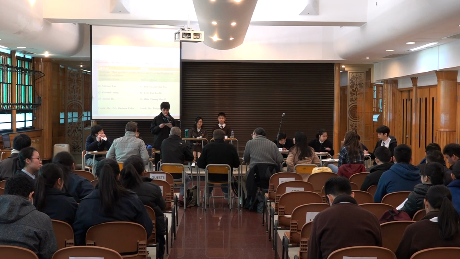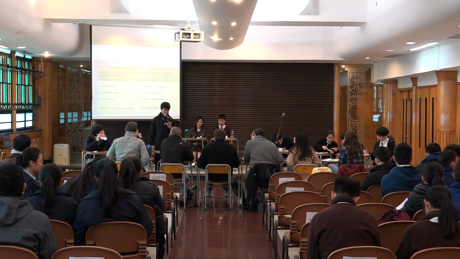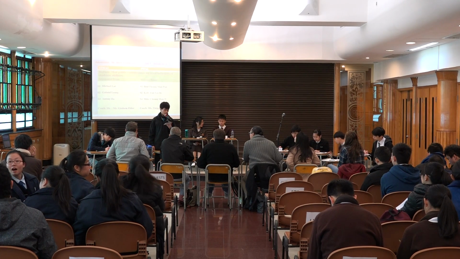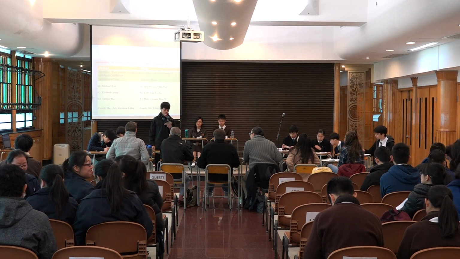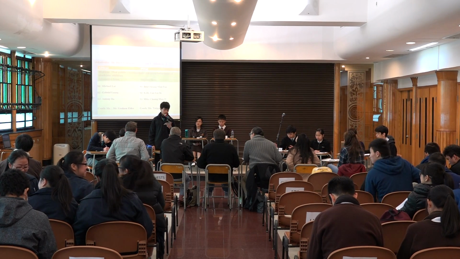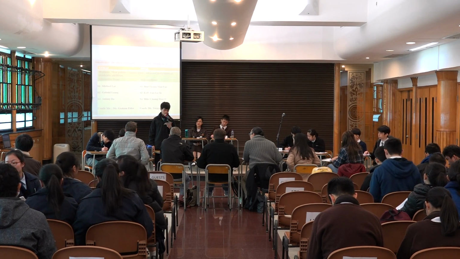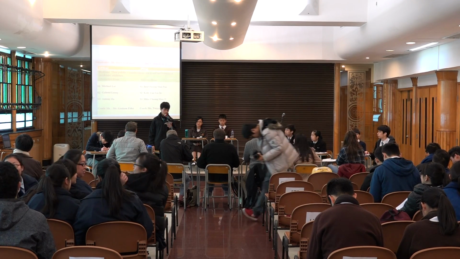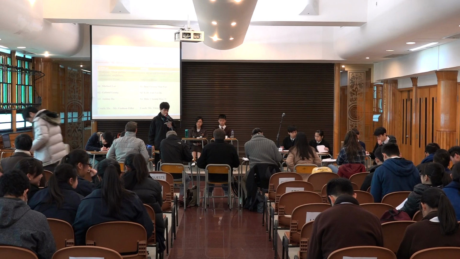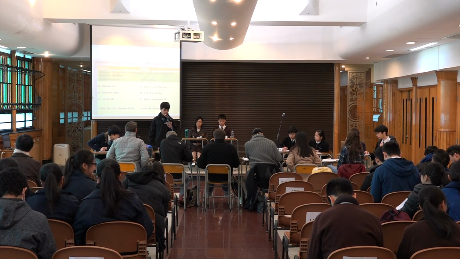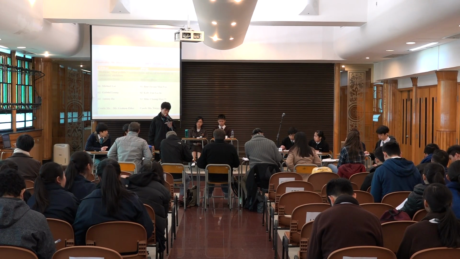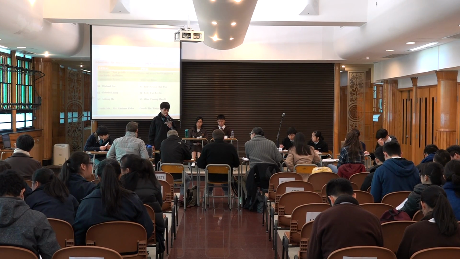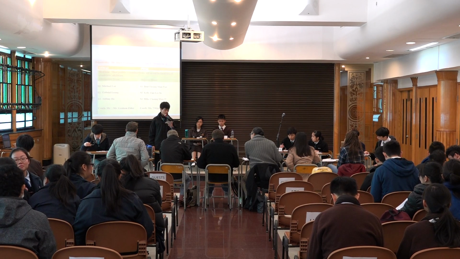First, we define the motion. According to the Oxford Dictionary, public means something is open to all people of an area, a country, or the world. Exam means the formal test of a person's knowledge or proficiency in a subject or skill.